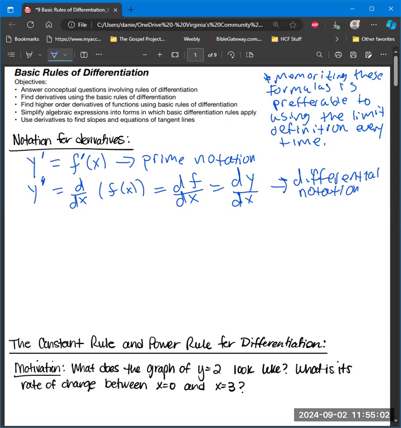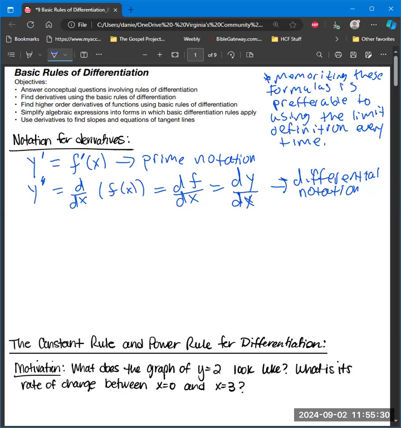Differential notation is preferred lots of times because it's much more explicit in telling you what you're taking the derivative of and what you're taking the derivative with respect to. If you just say y prime, you have to assume or know that y is a function of x. This is kind of explicit. You know that you're taking the derivative with respect to this variable here.